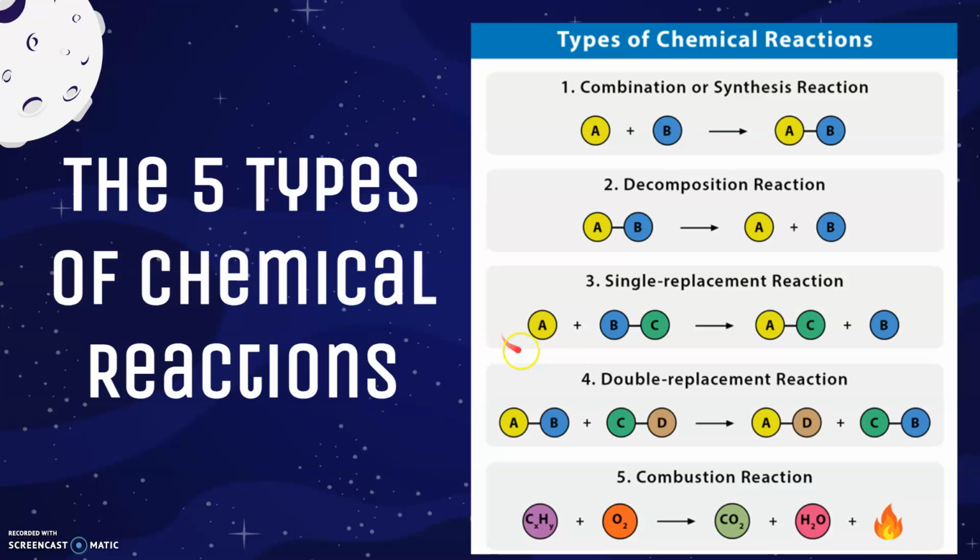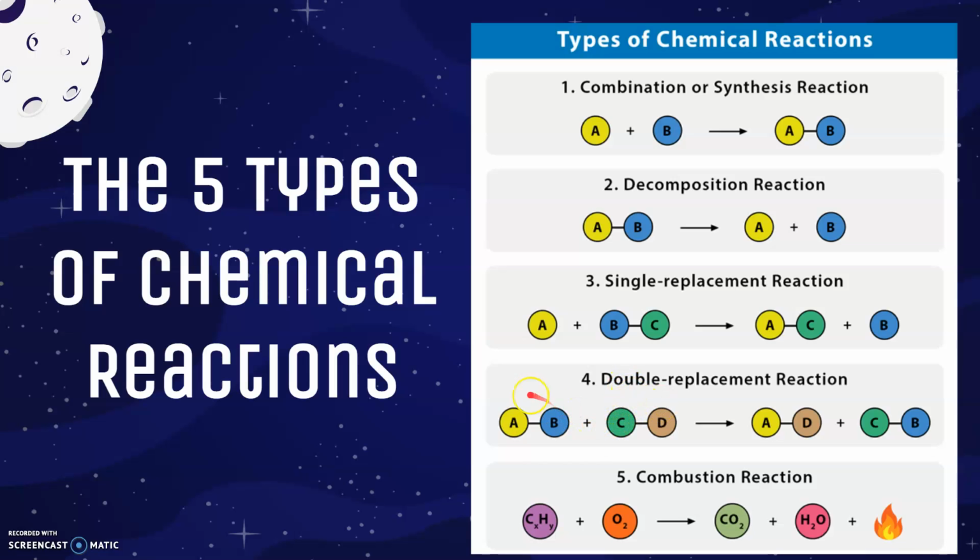Single replacement, so you've got an individual item and then a group. So we call that an element and a compound. And then here we go, an element and a compound over here. So it's a new element. What happened is this A came over and booted that out. So we'll look at that a little bit more.